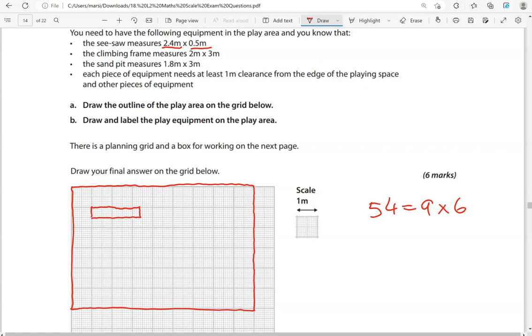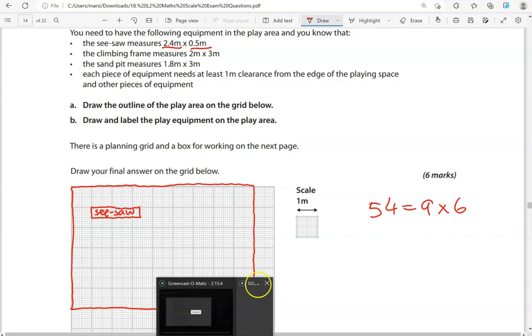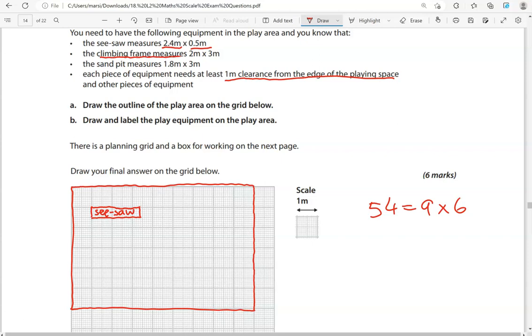So that will be the seesaw. And we've kept the distance of 1 meter from the edge of the playing space. Now we've got the climbing frame, which measures 2 meters by 3 meters, so that will be 2 squares by 3 squares.